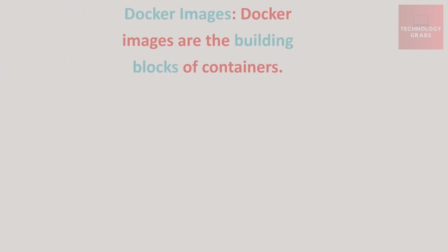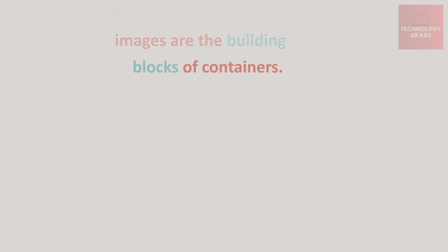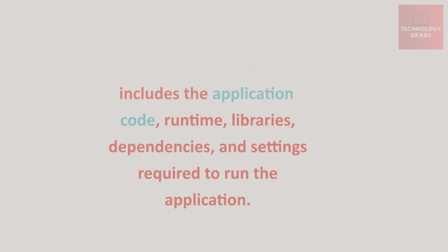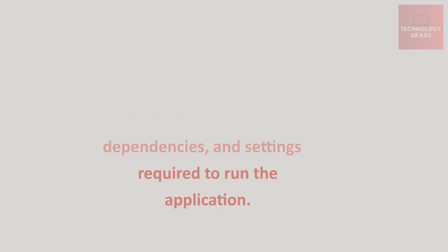Docker images. Docker images are the building blocks of containers. An image is a lightweight, standalone, and executable software package that includes the application code, runtime, libraries, dependencies, and settings required to run the application.